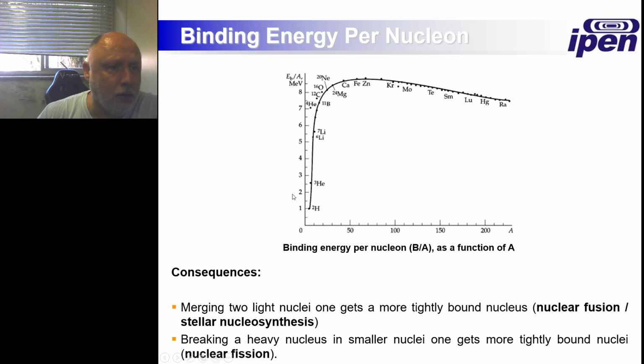Then if we take a look at this, here we have binding energy per nucleon, and here atomic number. Of course, hydrogen 1 is not here because there is no binding energy in something that is only a proton. But you see that it grows quickly, right? So the deuterium is down here. You start to increase the number of nucleons.